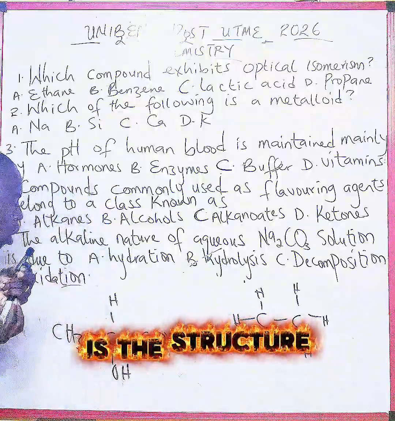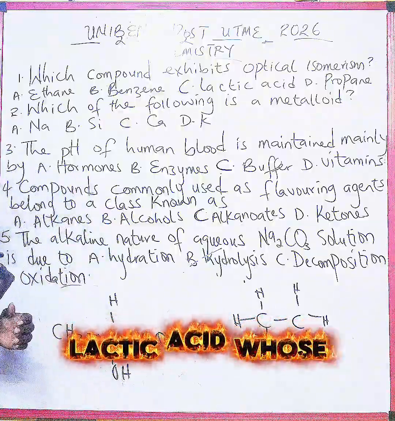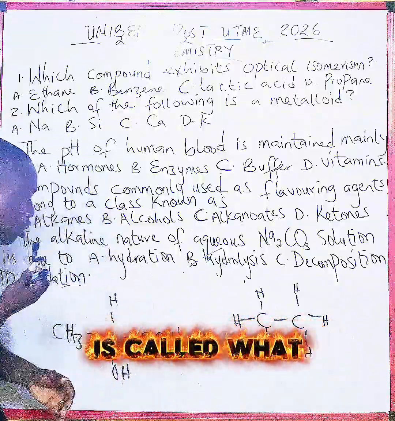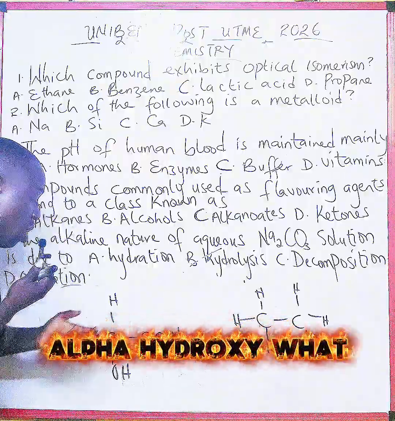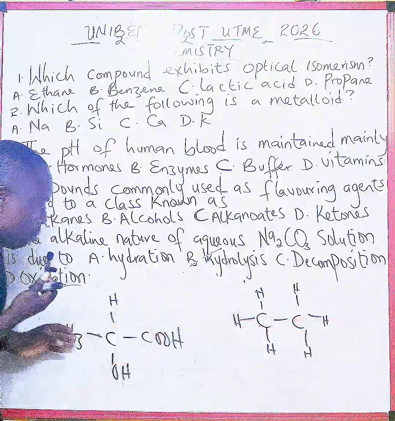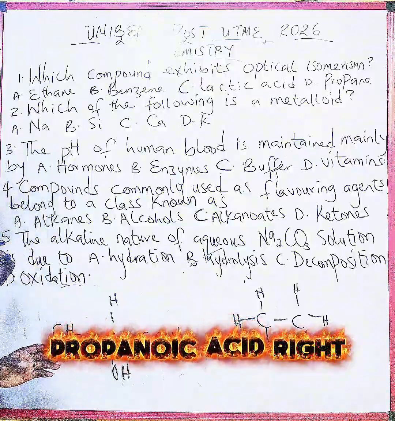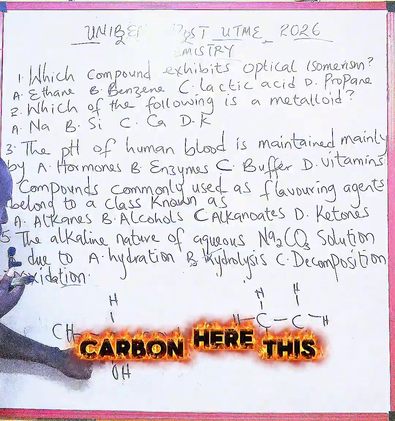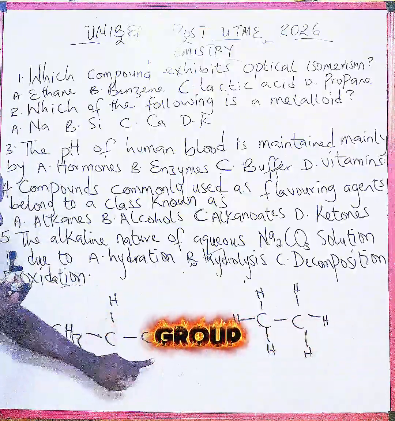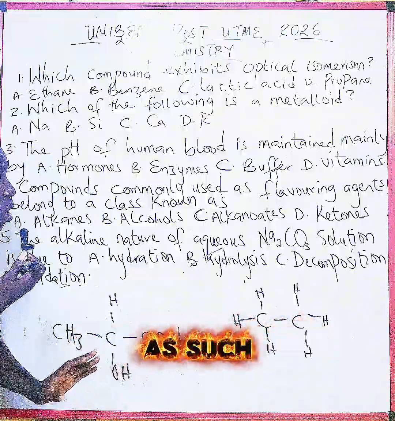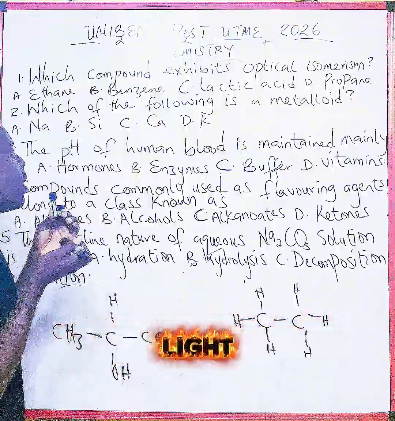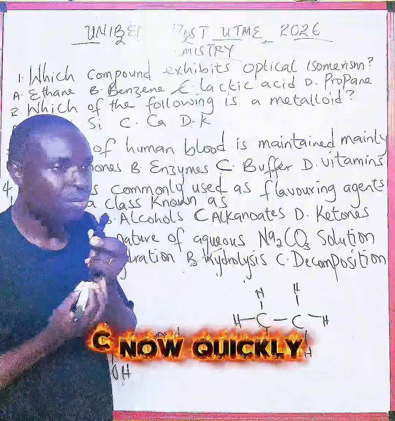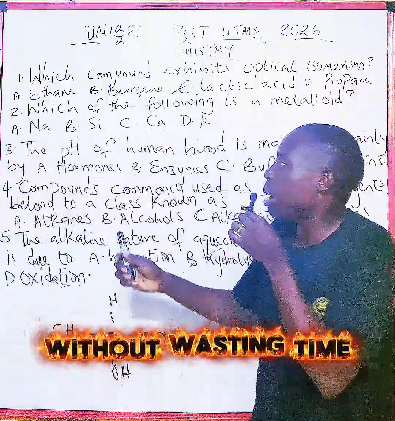Its IUPAC name is 2-hydroxy or alpha-hydroxy propanoic acid. If you look at this carbon, the groups are different, and as such it is able to rotate the plane of polarized light. So the answer is C.